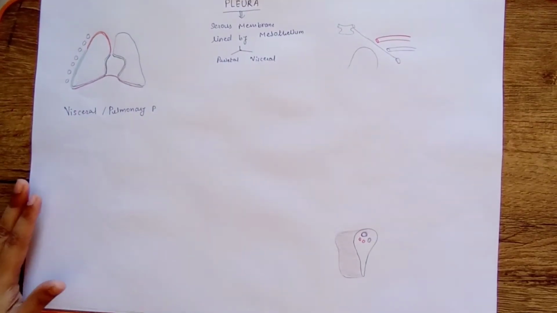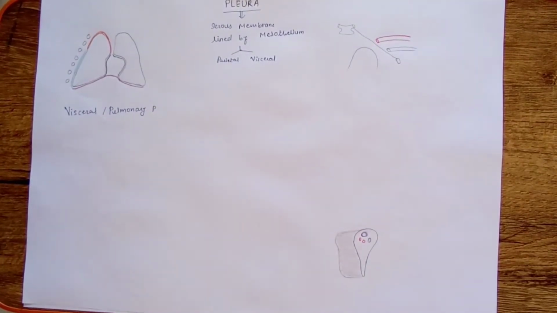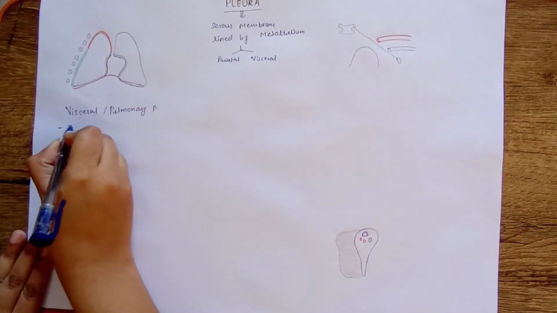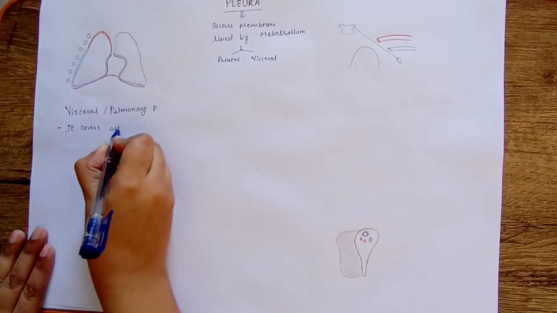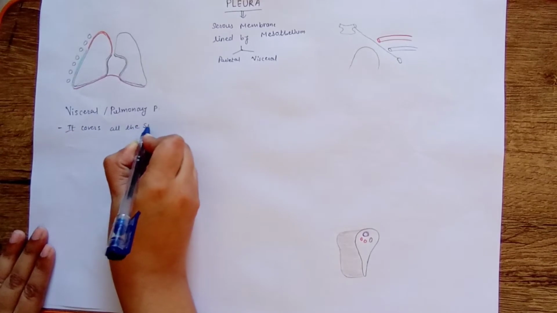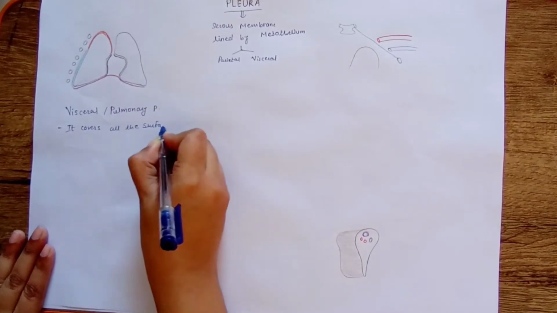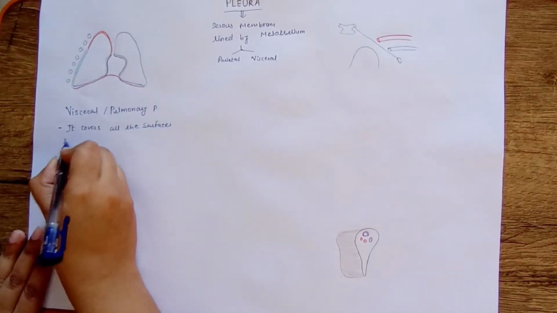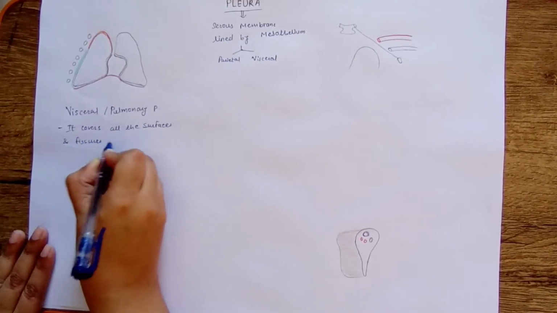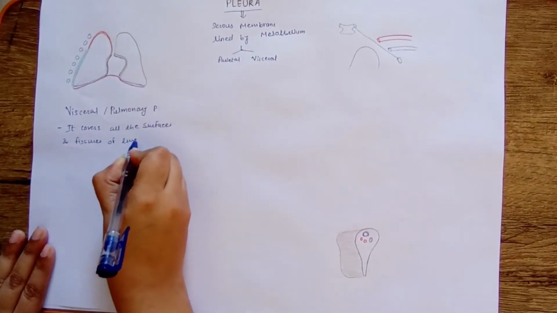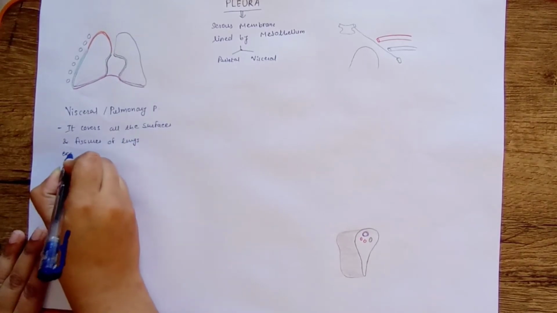So what is pulmonary or visceral pleura? It covers the surfaces of lungs. It covers all the surfaces and the fissures of lungs except the hilum.